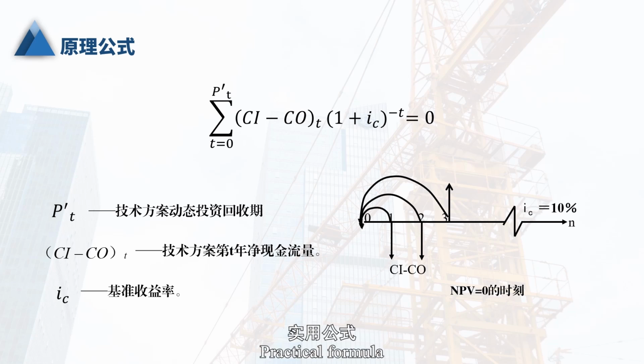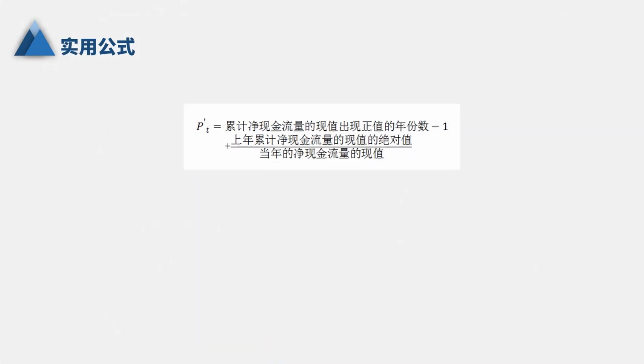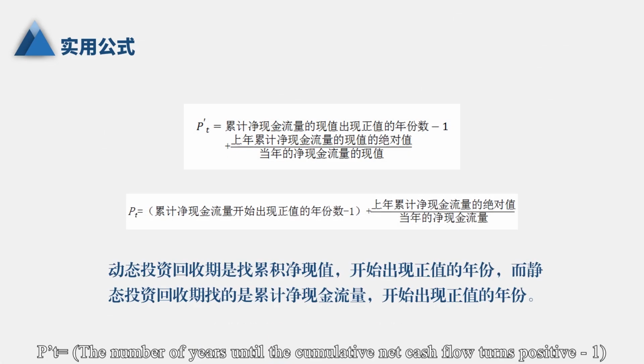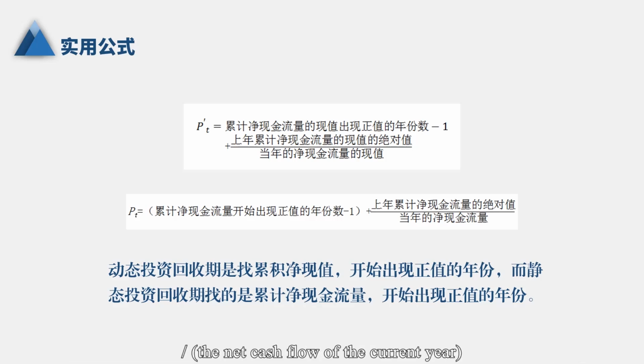3. Practical formula. Calculation formula for the dynamic investment payback period: P_t equals the number of years until the cumulative net cash flow turns positive, minus 1, plus the absolute value of the cumulative net cash flow of the previous year divided by the net cash flow of the current year.